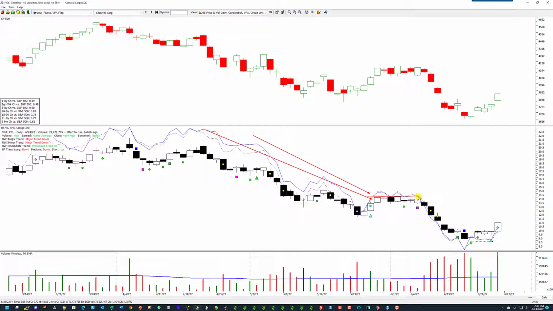It was trading in conjunction with the S&P, and then even though the S&P was falling off here, this was falling off a lot faster. So weaker than the S&P all the way down to here, and then it bounced up, traded slightly stronger than the S&P, and was moving with the S&P until today, where it is outpacing the S&P.